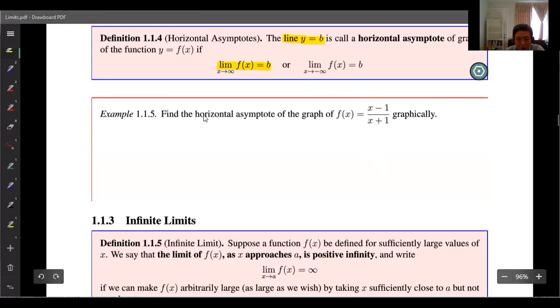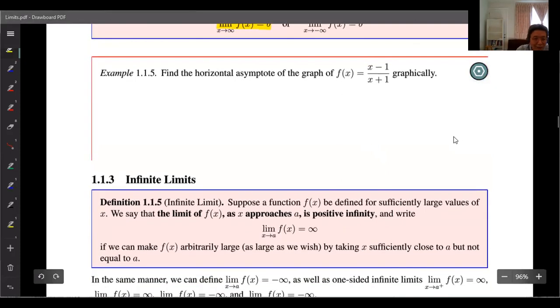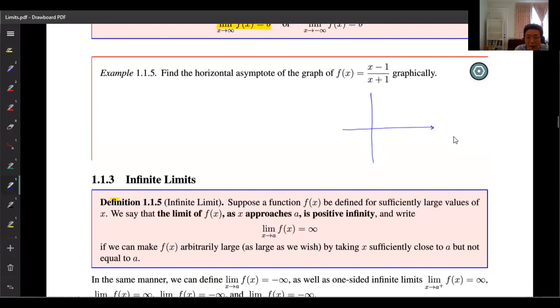Get the graph, then we can find the horizontal asymptote easily. Actually, if you use the calculator, you can check. So the graph looks like this. See if my graphing is correct. Okay, please try it.